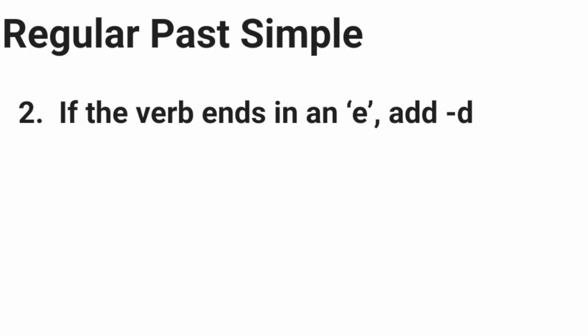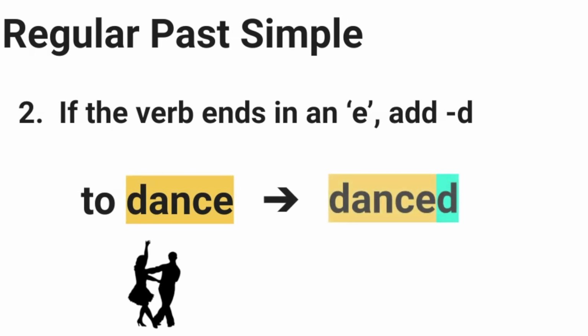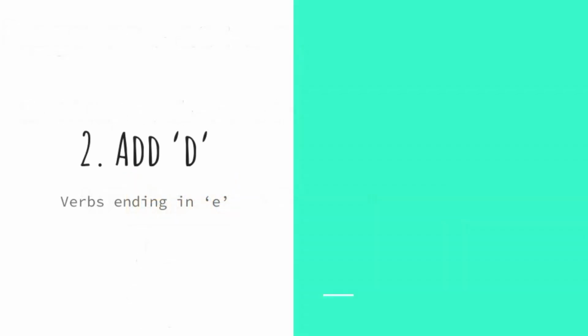Rule number 2. If the verb ends in an E, add D. To dance, danced. In this case, we do not add ed. We just add d. The verb already has an e, so we don't need to add it. Let's look at some examples for rule number 2.